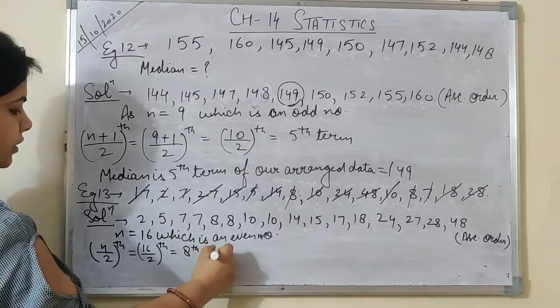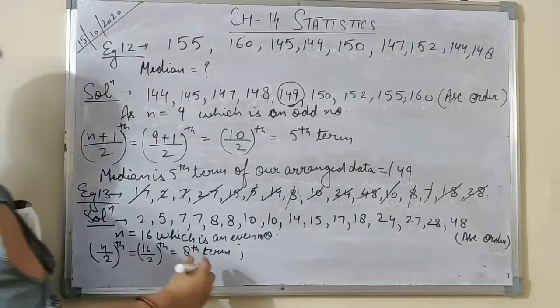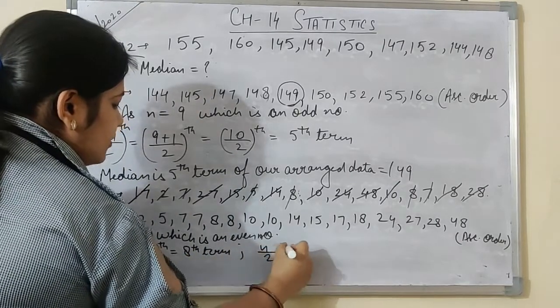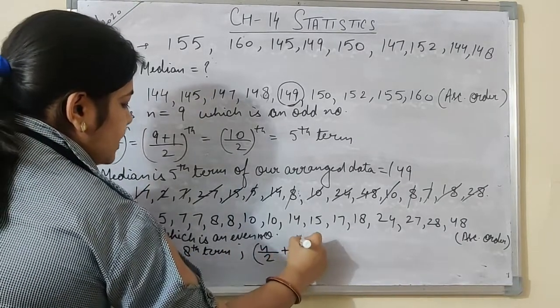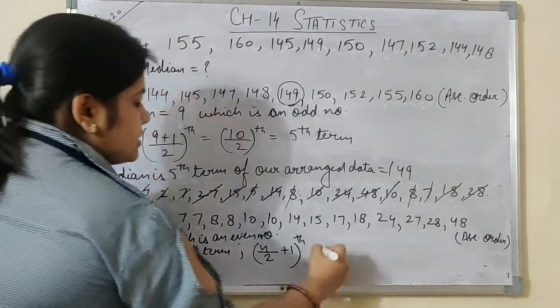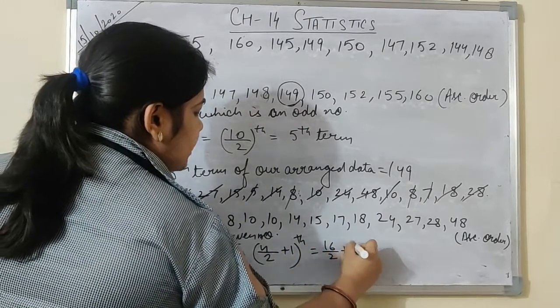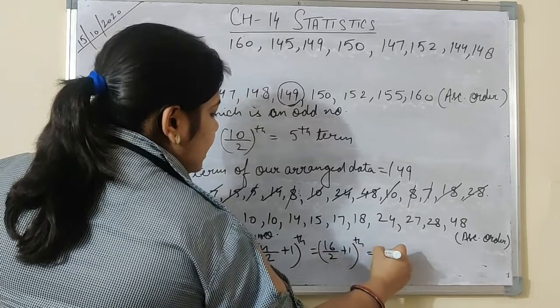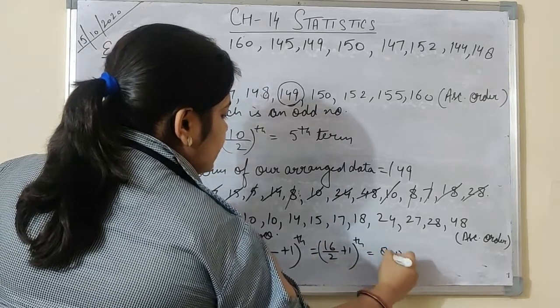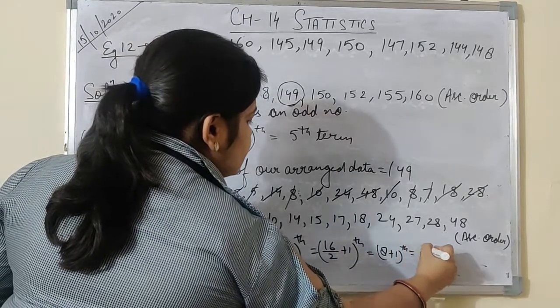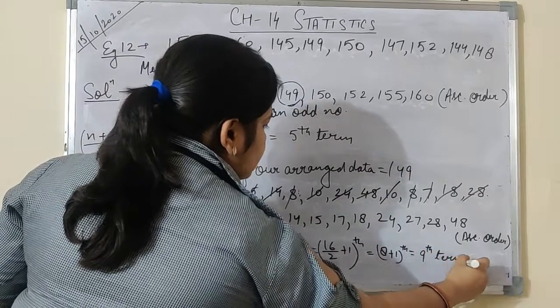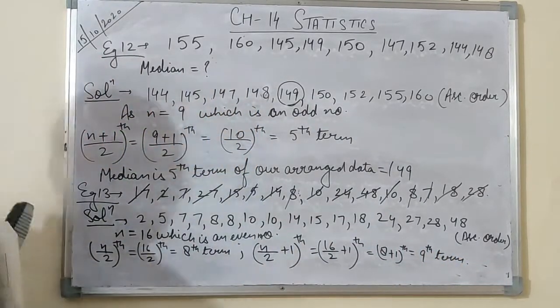Then next you will find the n by 2 plus 1th term, that is 16 by 2 plus 1, that is 8 plus 1, which is the 9th term. I hope it is clear from here.